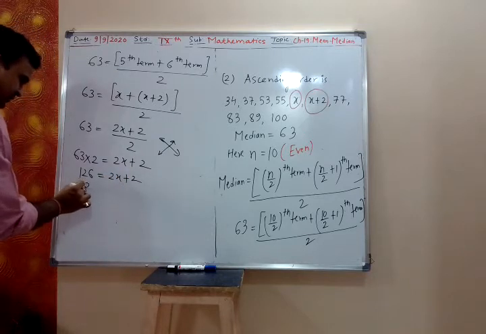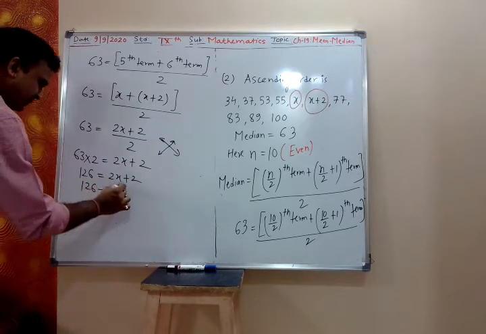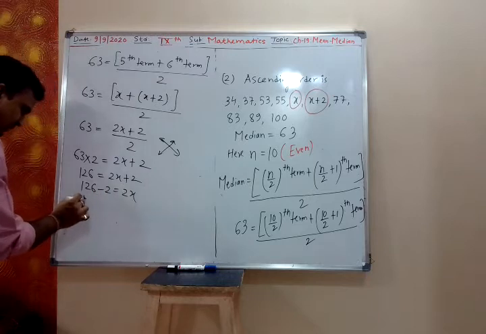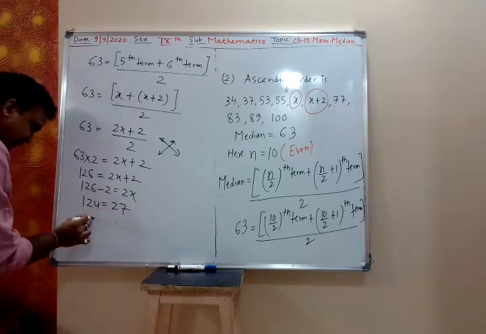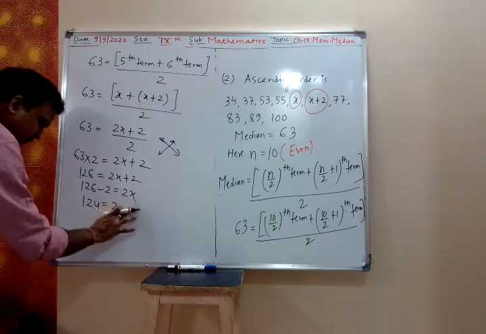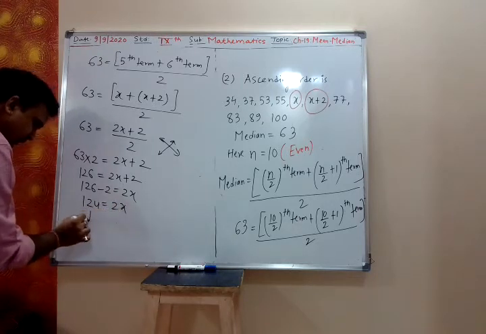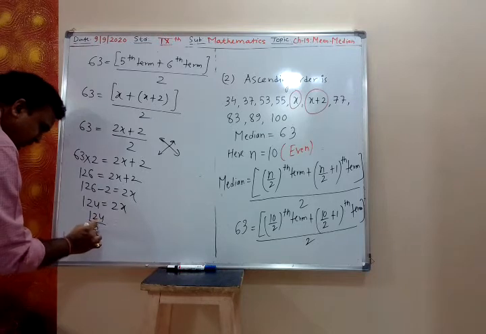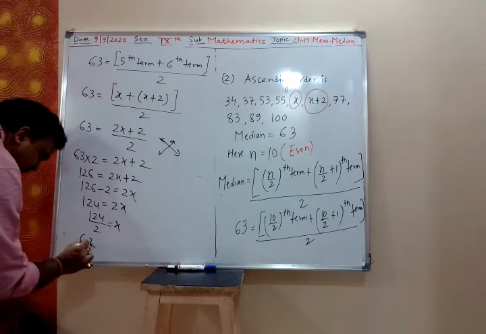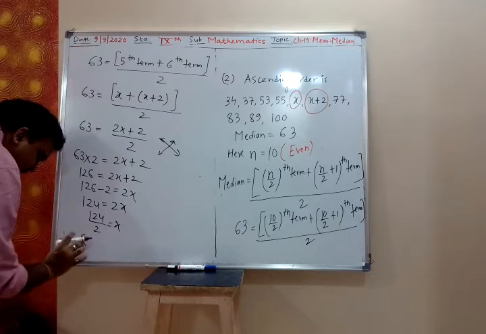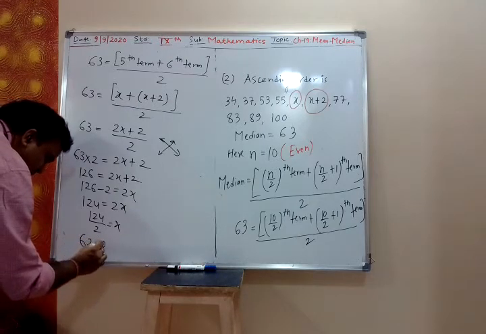So 126 minus 2 is equal to 2x. So 124 is equal to 2x. So 124 divided by 2 is equal to x. So 62 is equal to x. So my x is 62.